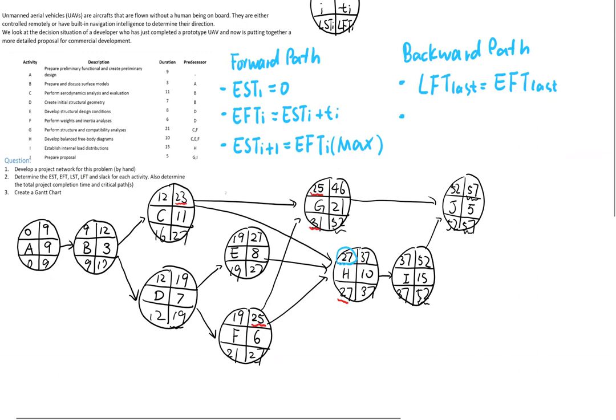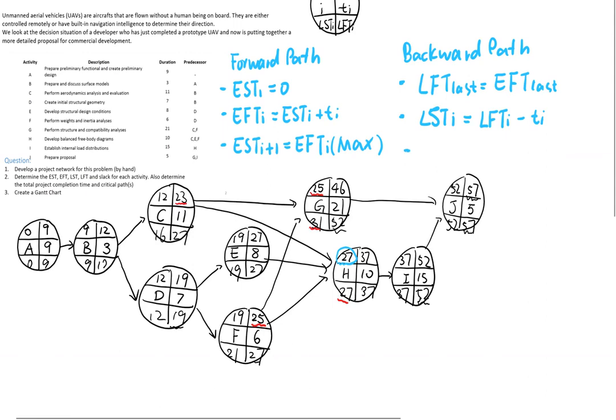Then we use the latest finish time to calculate the latest start time. The latest start time of any activity is equal to the latest finish time of that activity minus the duration. So here we do the subtraction.